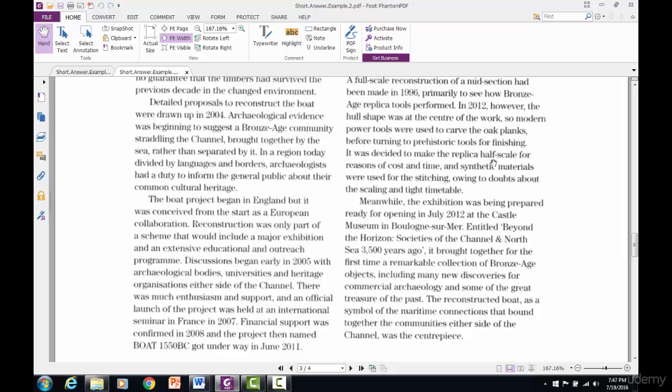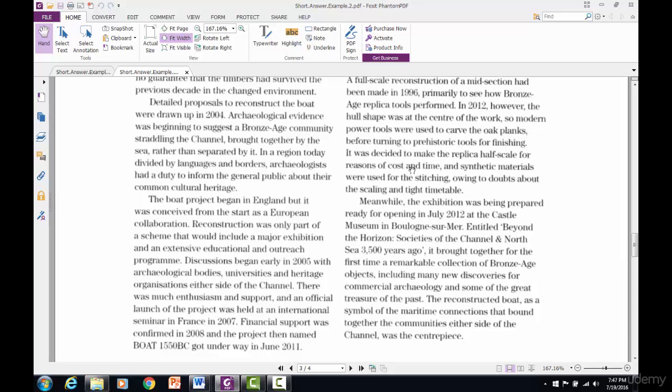So this is the same as them saying they're not going to make it full scale. Okay. So it was decided to make the replica half scale for reasons of cost and time. There are our answers right there. Cost and time.